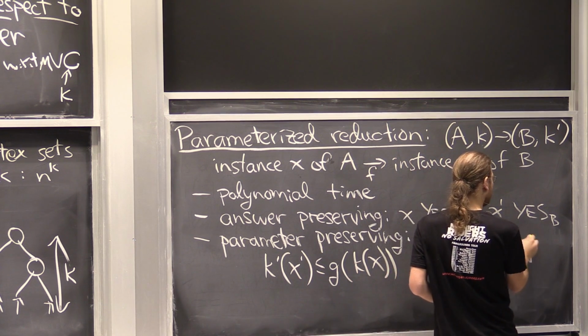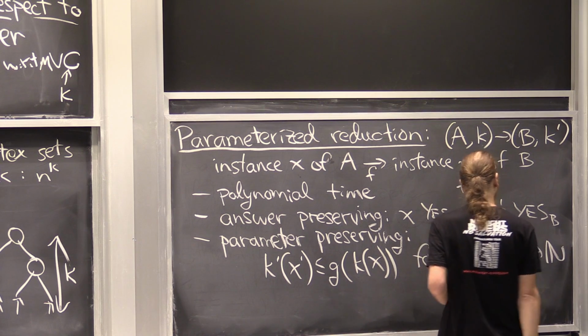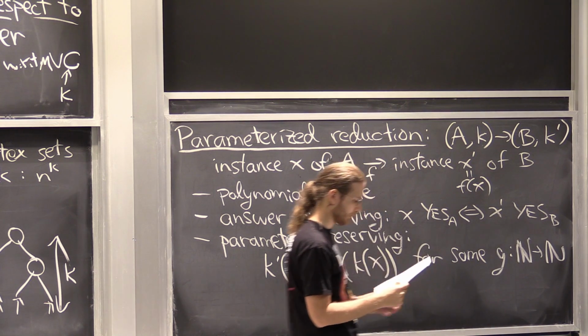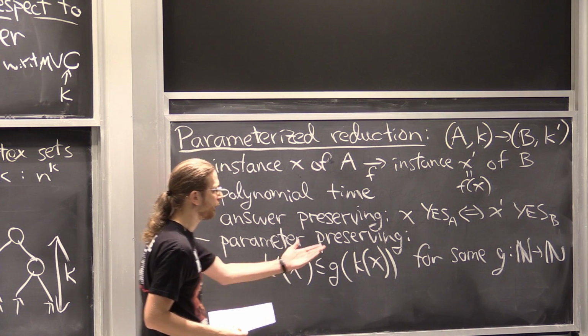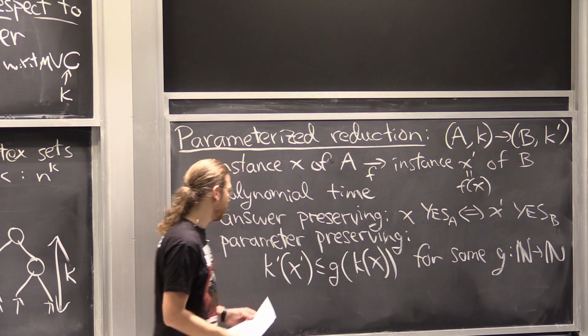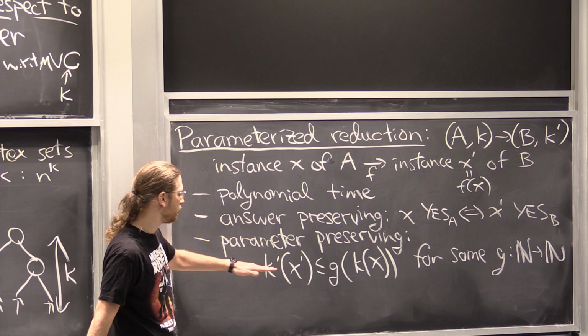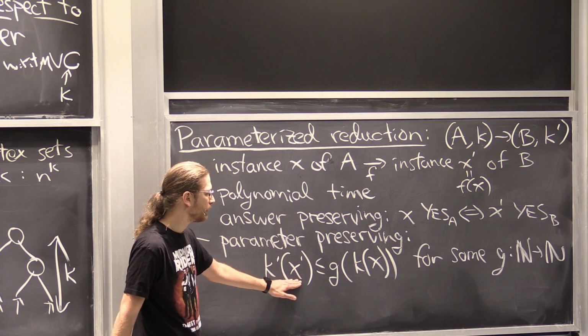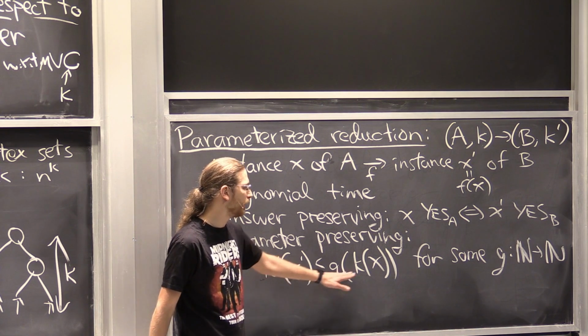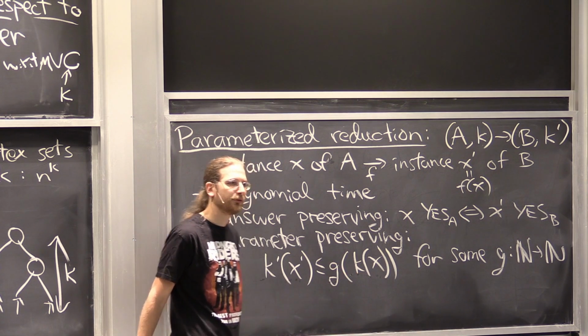There's some function g, which I'll call the parameter blowup, or parameter growth, such that the new parameter value for the converted instance is at most that function of the original parameter value of the original instance.